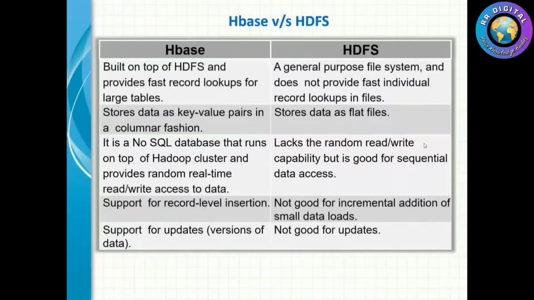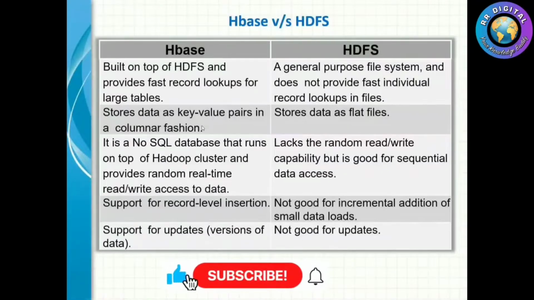HDFS basically is a file system. Your data will be stored inside HDFS, and it does not provide fast individual record lookup. In HDFS, data is stored in flat files, but in HBase your data is stored in a key-value pair format.